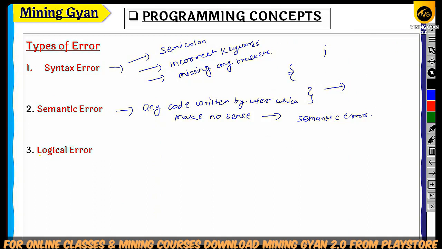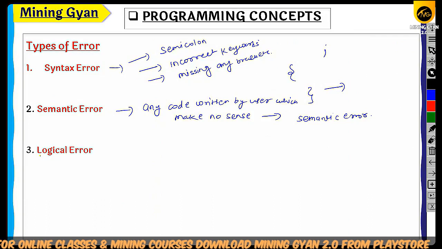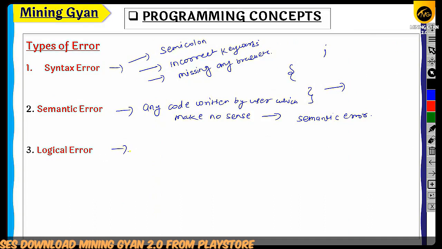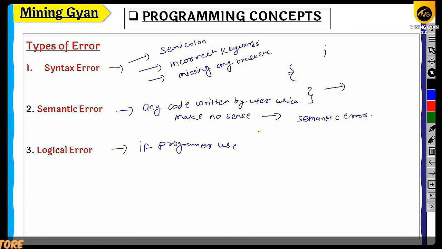Logical errors can be runtime errors, or they occur if the programmer uses an illogical algorithm.